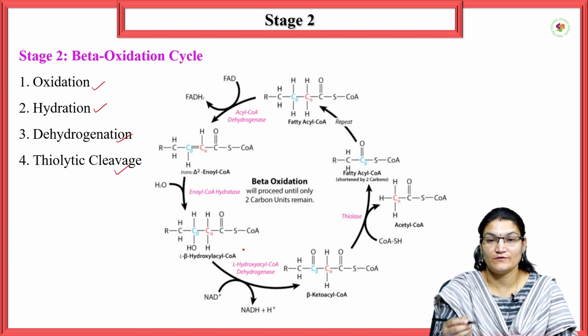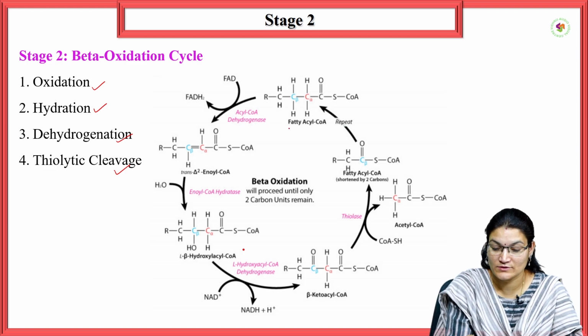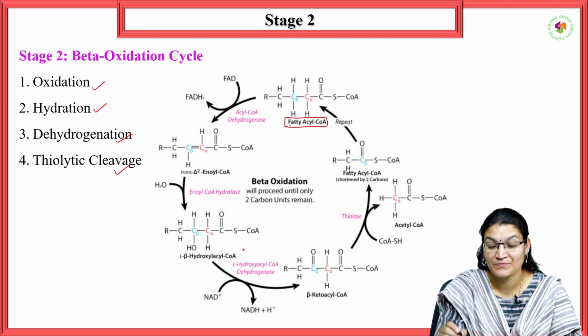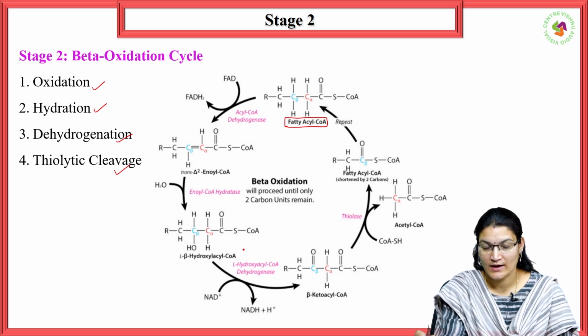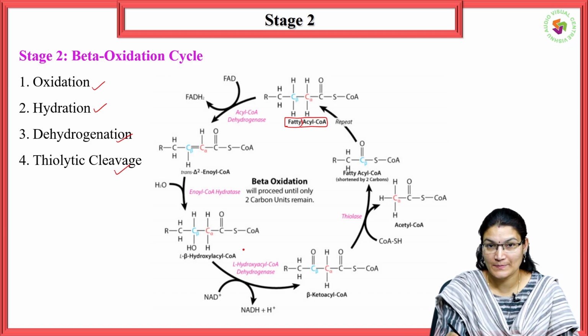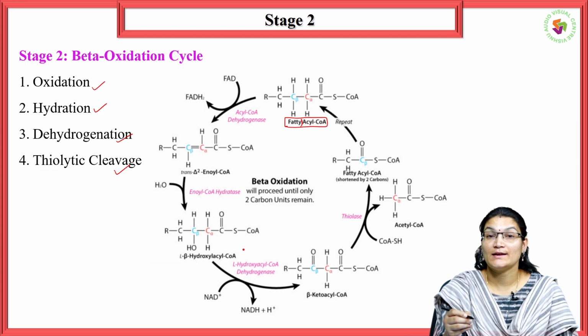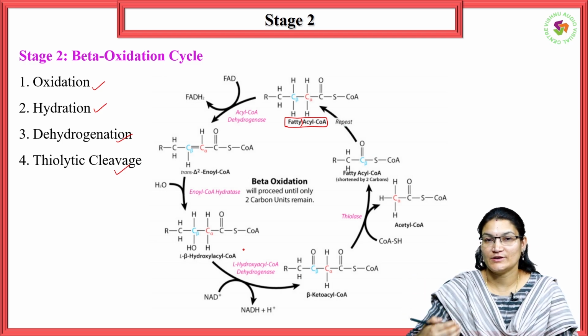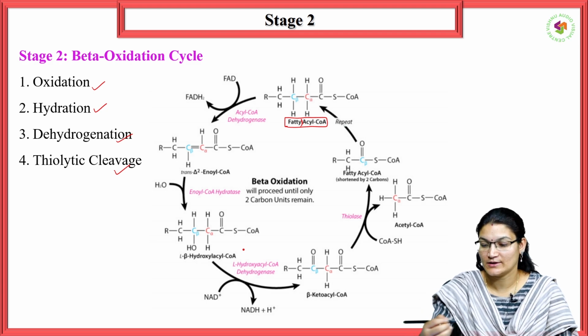So let's start with the first step. Here you have the initial compound, fatty acyl coenzyme A. This word fatty is replaced with other terms depending on the length of the carbon chain. Let me write that for you.